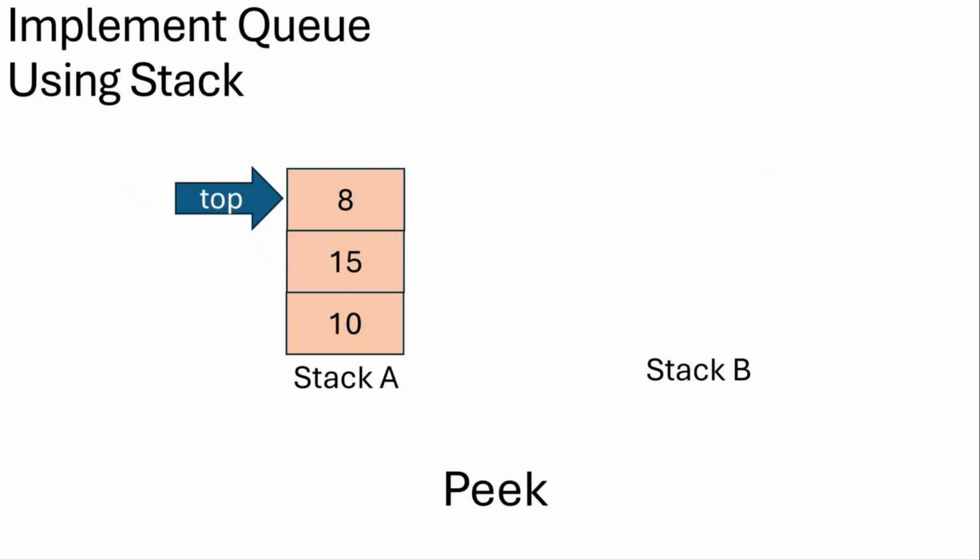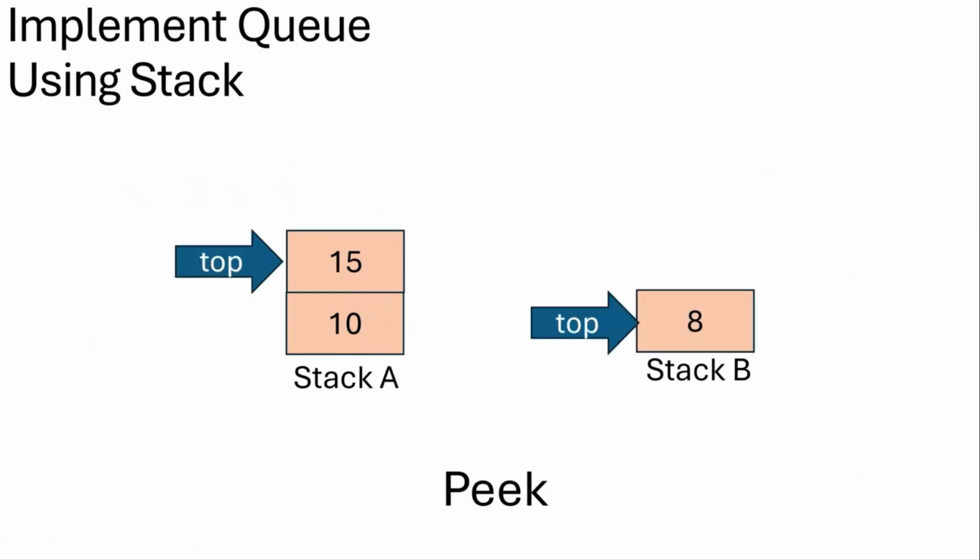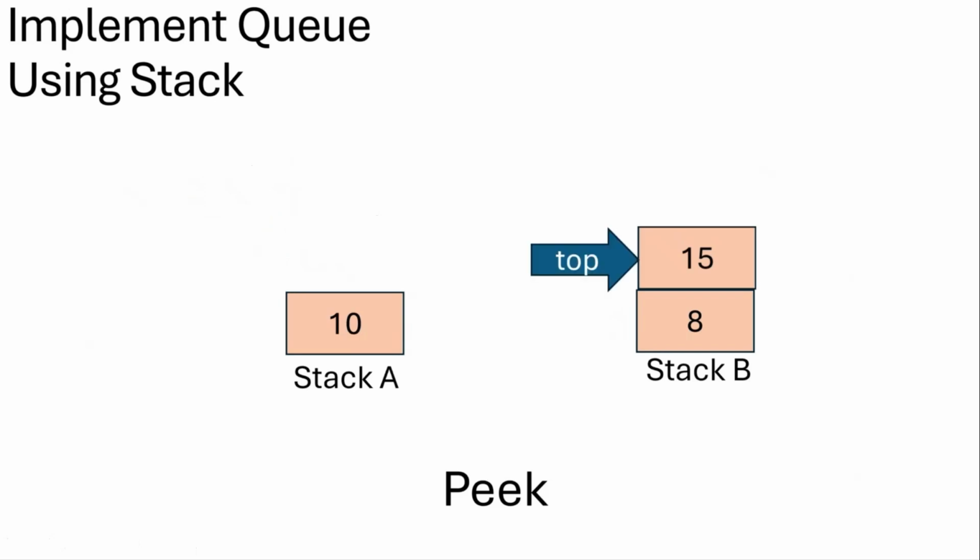Let's understand the peek operation. What is meant by the peek operation in a queue? The peek operation in a queue gives the front element of the queue, or the first element which was inserted to the queue, which is 10 here. But in a stack, we can't give this 10 without moving these elements. So we need to move these elements to stack B and then give the top element of stack A, which is the peek, just like a queue.